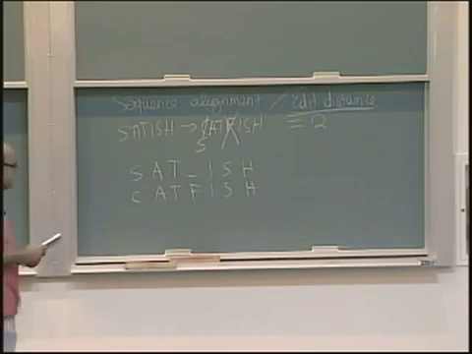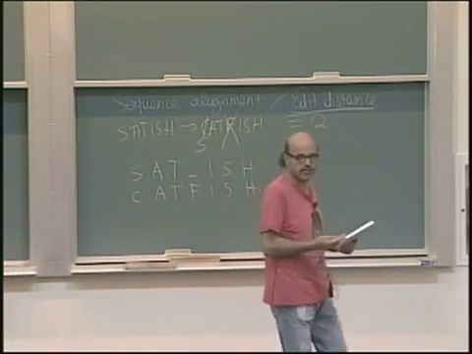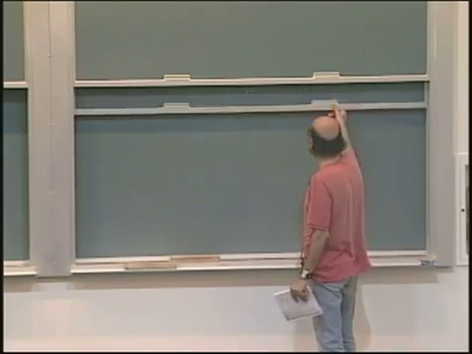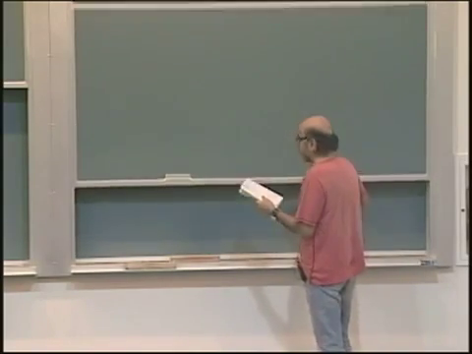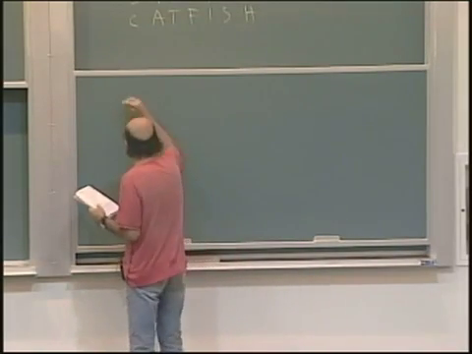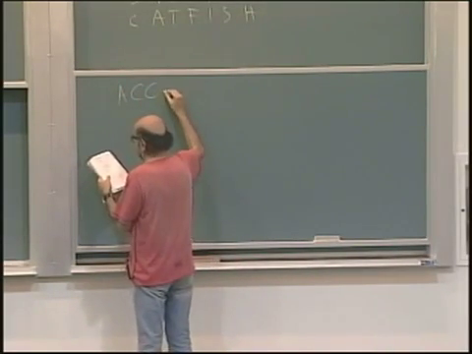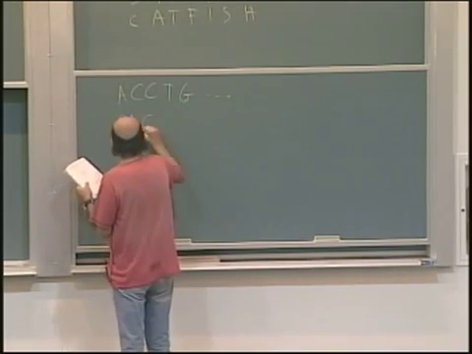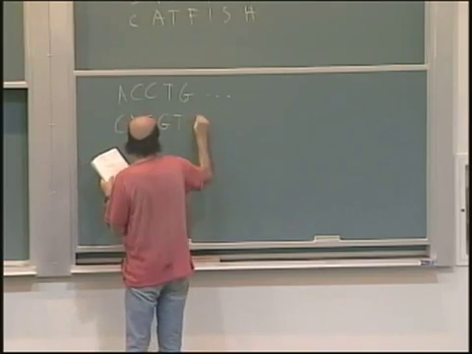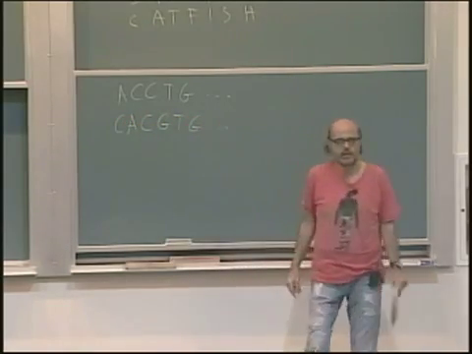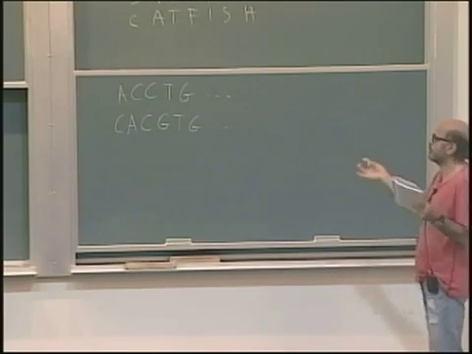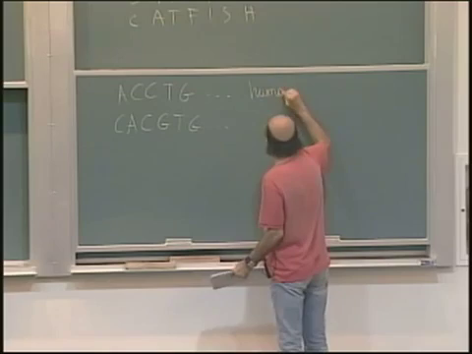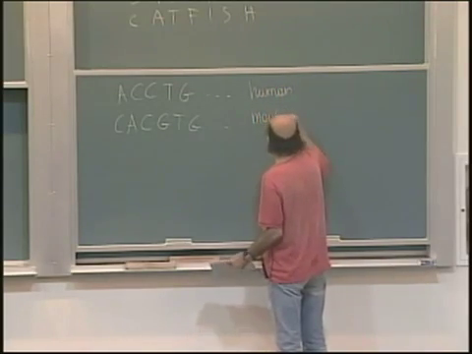Basically what we want to say is what is the optimal alignment between two things. Let me bring up another important example. Suppose that you have a string like A, C, C, T, G, etc. Another string C, A, C, G, T, G, etc. These may look like strings, except that this is the human genome, and this is the mouse genome.